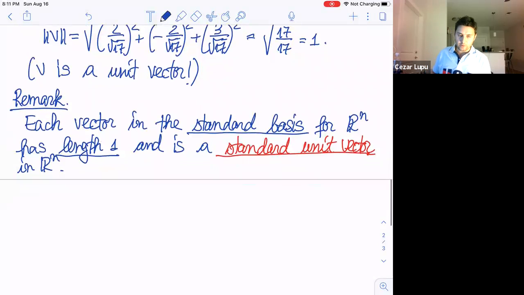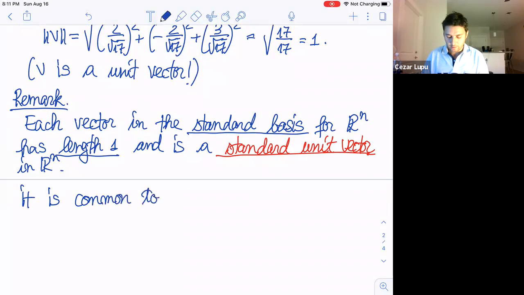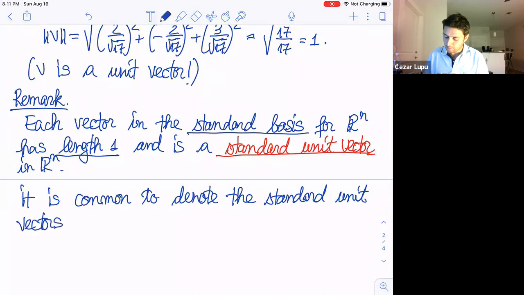Now it is common to denote the standard unit vectors for R2 and R3 in the following way, with a special notation.